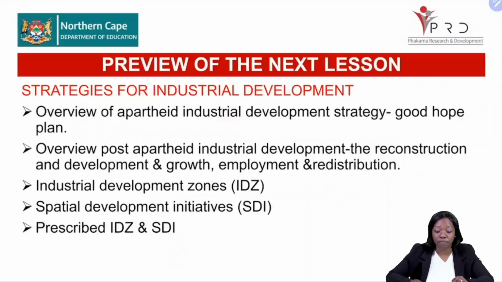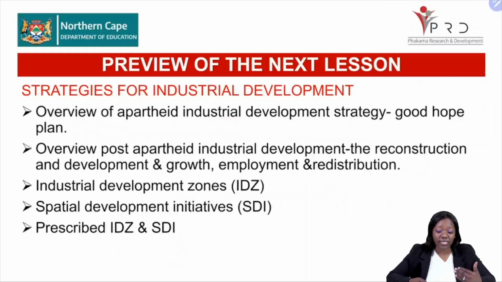industrial regions. To give you a preview of our next lesson, we want to focus on the strategies for industrial development. So we're going to look at the overview of the apartheid industrial development, which is the Good Hope strategy that was used. We're going to look at the overview of post-apartheid industrial development, which is the RDP as well as the GEAR.